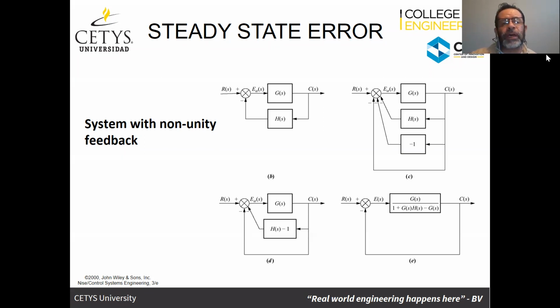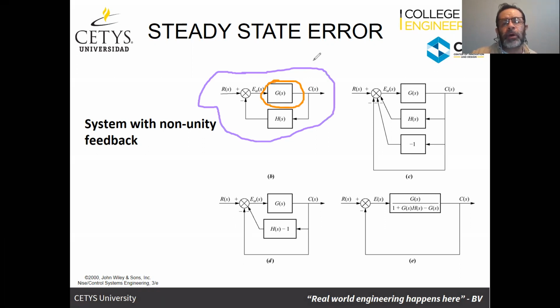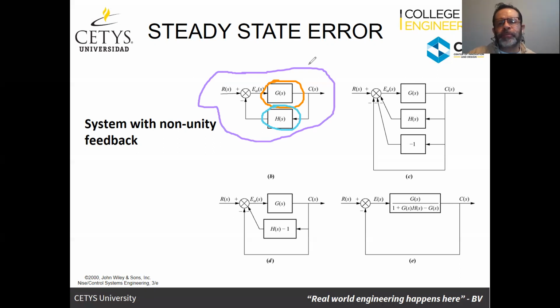We've got this system here, which has both a forward transfer function, g of s, and a feedback transfer function, h of s. Now, we want to somehow turn that into an equivalent unity feedback system. So we're going to do the following steps.